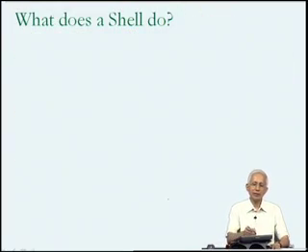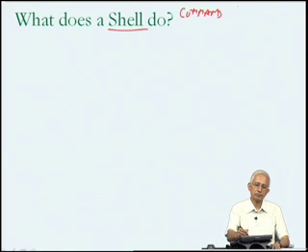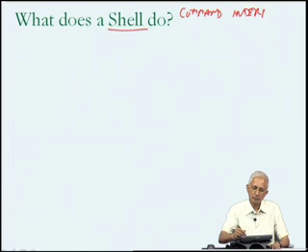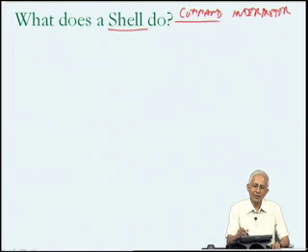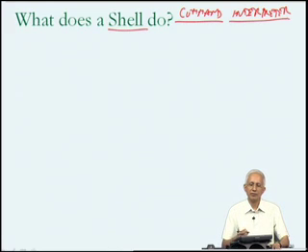Now you will recall that shell is the word that is used for command interpreter. So a shell takes a command from the user and it interprets or causes to get achieved that command.